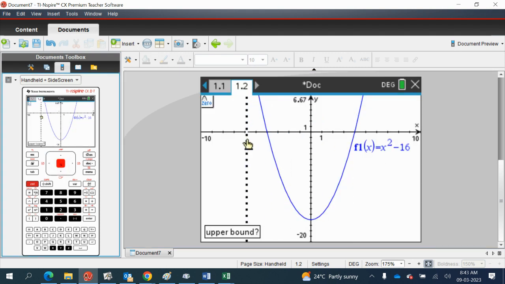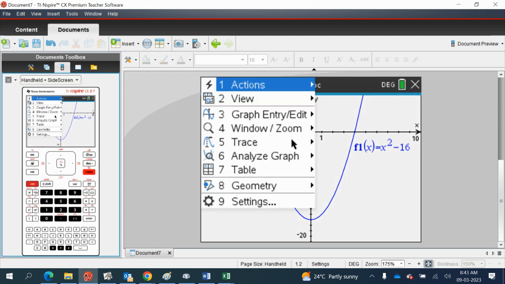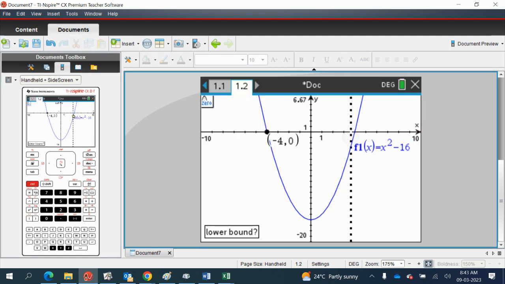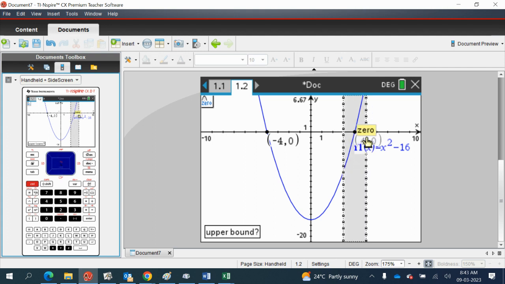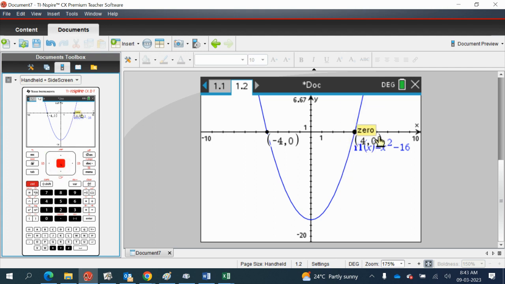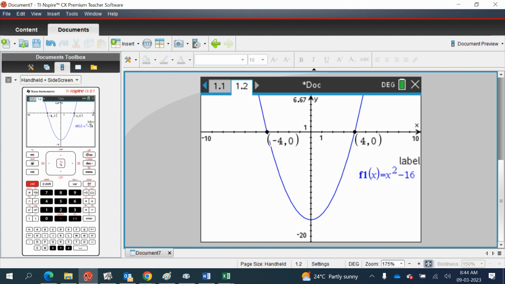So we can go here, click, go there, click menu, analyze graph, find the zeros, click here, there, and there. So we can see now that at x equals minus 4 and at x equals 4, the graph changes from positive to negative. So between minus 4 and 4, this function is negative.